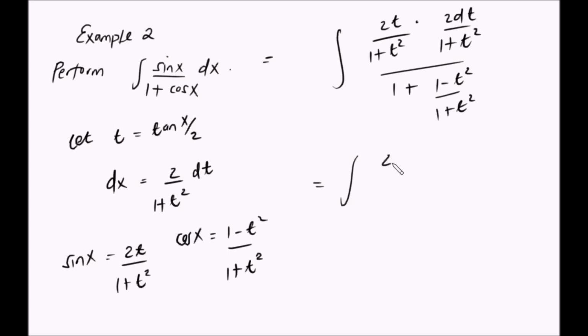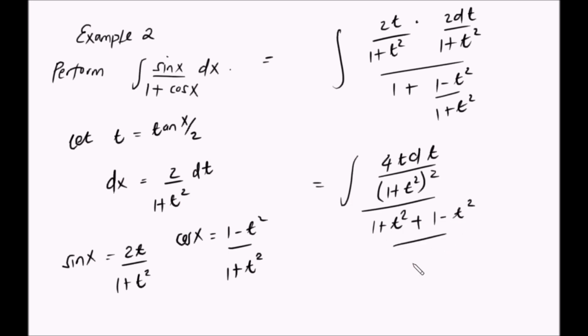Hapo juu tutakuwa tuna 4t dt, and then hapa tuna hii 1 plus t squared over, so ukisimplify hapo chini tutakuwa tuna 1 plus t squared jumlisha 1 minus t squared over 1 plus t squared. So hii itakufa na moja hapa.